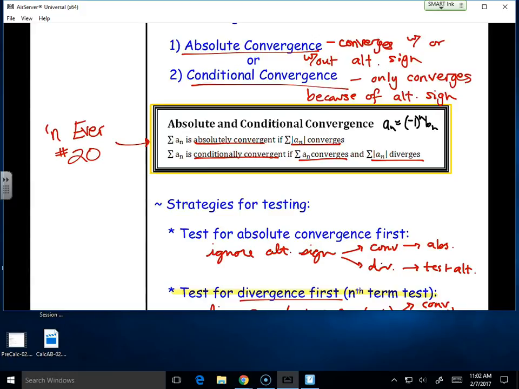Conditional convergence is based upon what we saw on the last card: the alternating series converges, but take away the alternator, use all of our old convergence tests, and it diverges. Absolutely convergent if the absolute value converges as well.